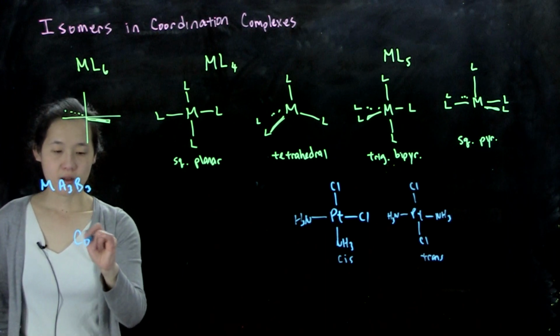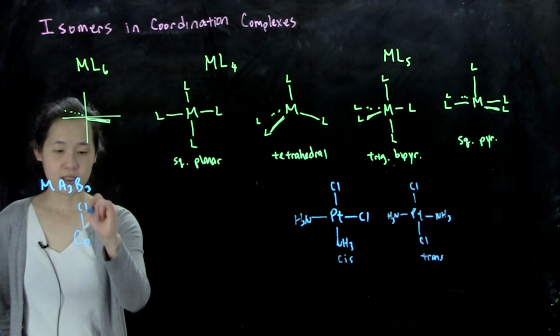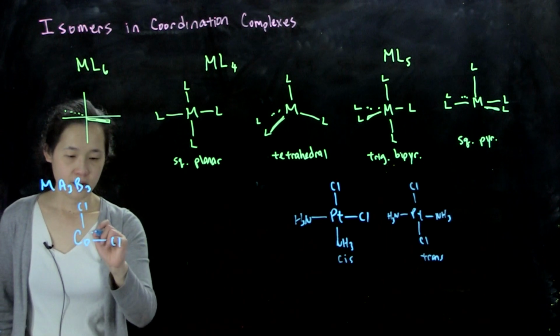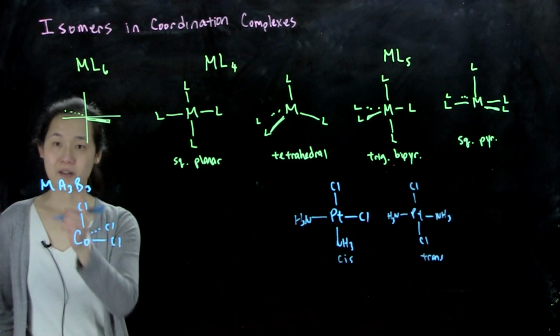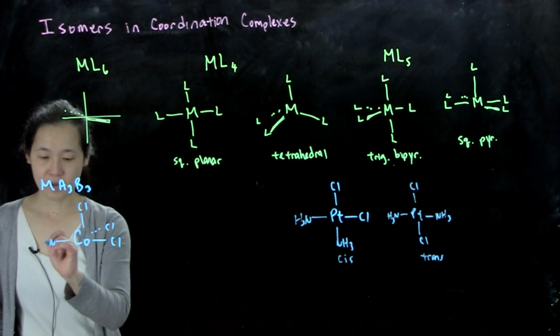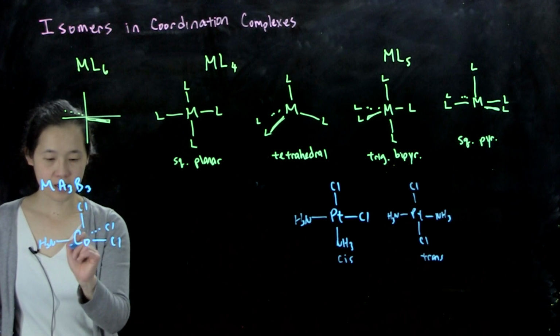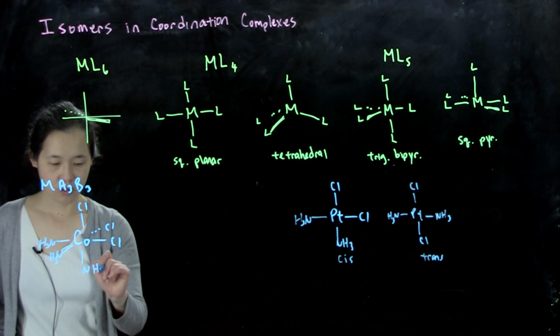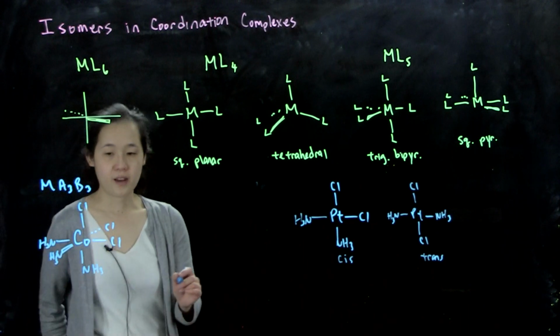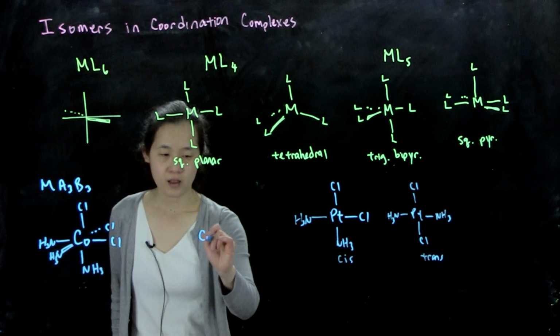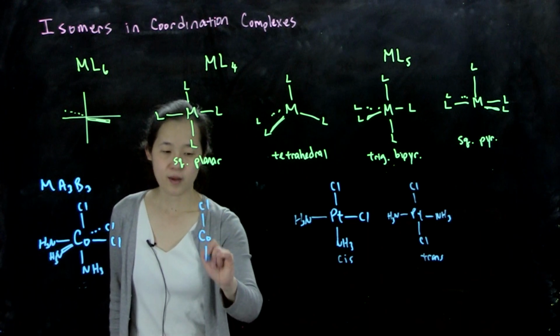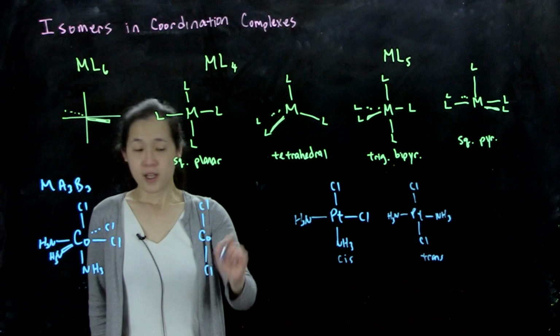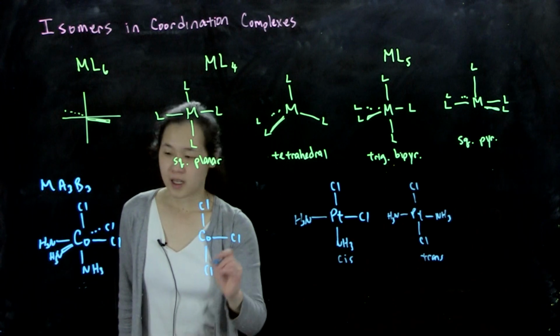For our MA3B3, let's say we have cobalt with 3 chlorides. We could have the chlorides all 90 degrees from each other, and then we have our ammonias over here. Or we could have 2 of the chlorides 180 from each other and 1 of them 90.